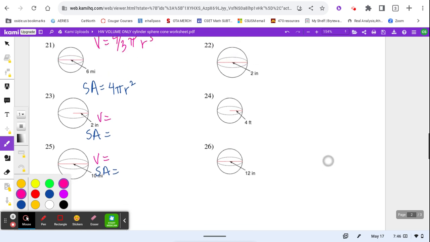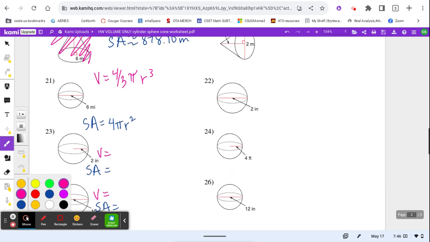Finally, we're going to do the sphere. The sphere is 4/3 pi r cubed for the volume. So if they gave me an entire diameter of 6, that means my radius is 3. 3 cubed is 27. 4/3 times 27 gives me 36.